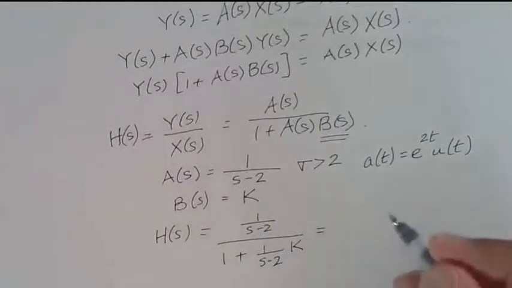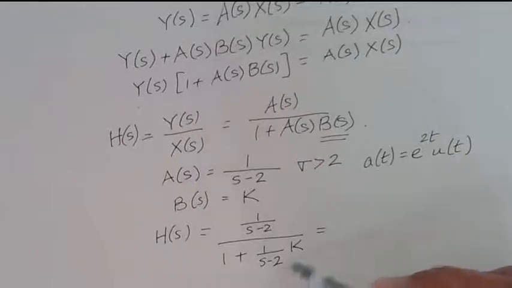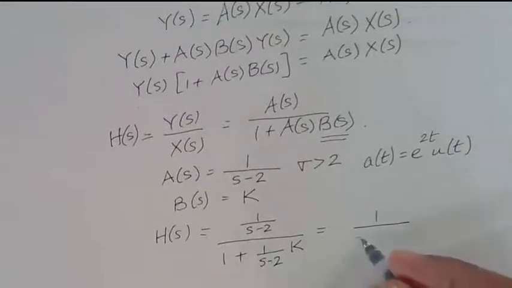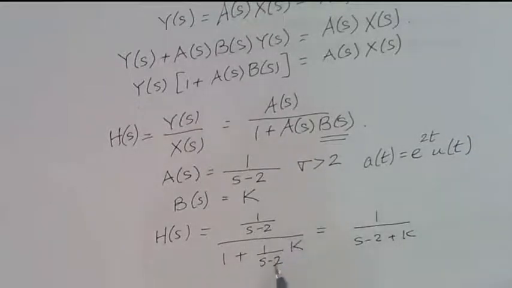So this is now, let's multiply top and bottom by S minus 2. That'll get rid of this. And I'll get 1 over S minus 2 plus k. Right? If I multiply the denominator here by S minus 2, I'll get 1 times S minus 2. That'll give me this. And if I multiply this by S minus 2, that'll cancel this S minus 2 out. And I'll just get k. Okay, now let's take a look at what this system is.